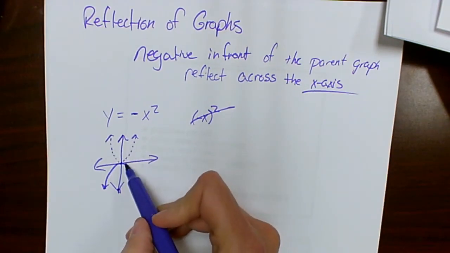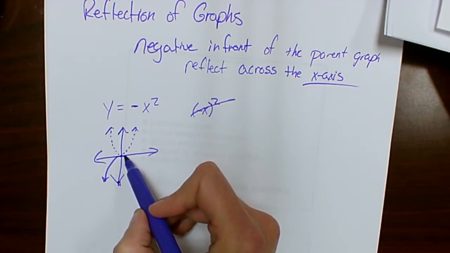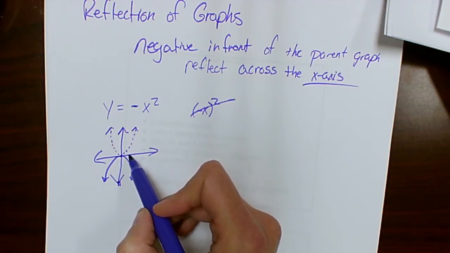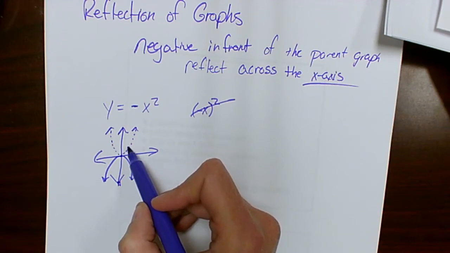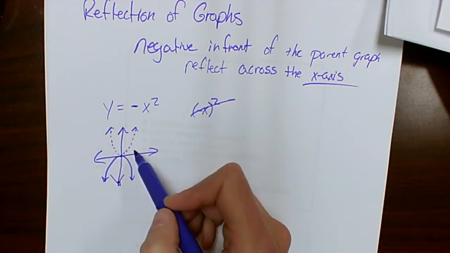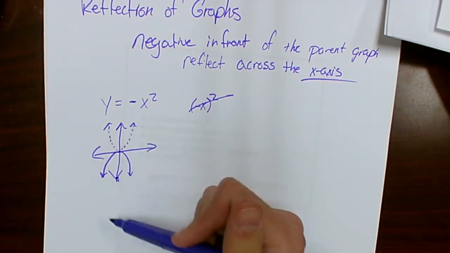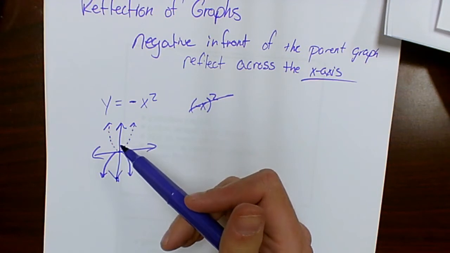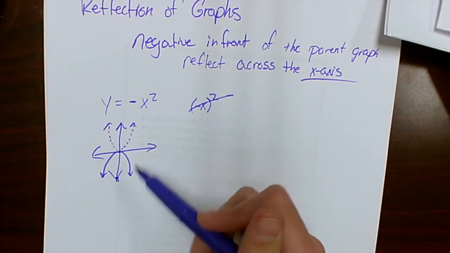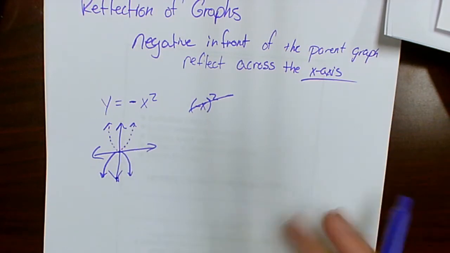So your y values will be negative. So 1, 1 will be at 1, negative 1. 2, 4 will be at 2, negative 4. So the y values will be negated.